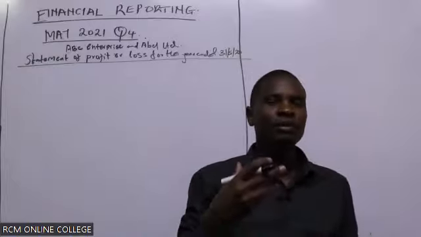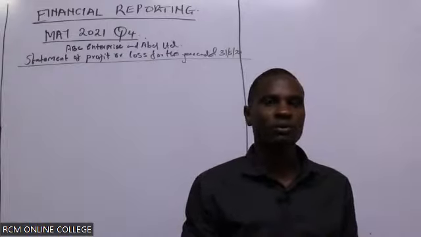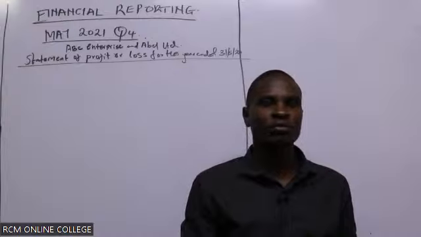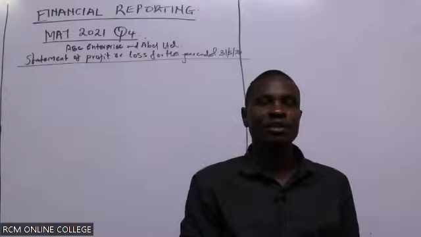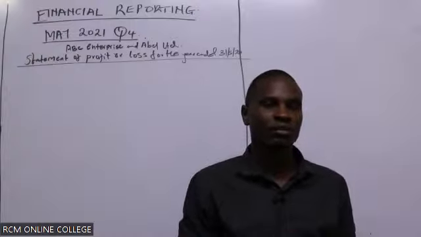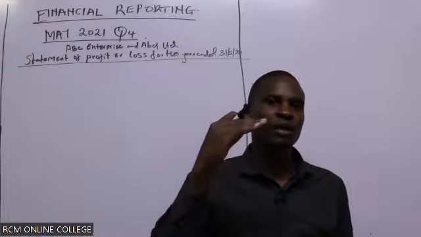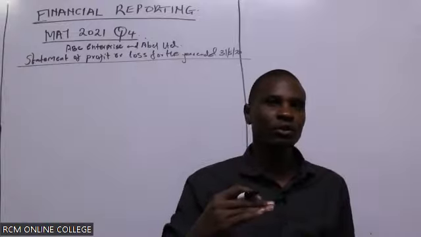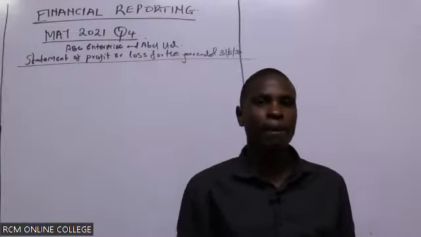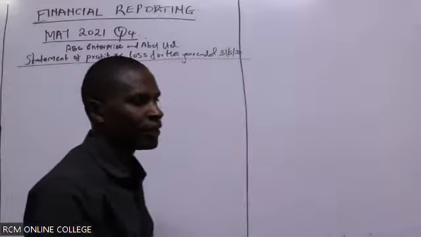So since we are preparing the statement of profit or loss, the income statement, we know the format of the income statement. You start with the sales, less cost of sale, you get gross profit, and then you subtract all the expenses, after which you less tax to get your net profit.